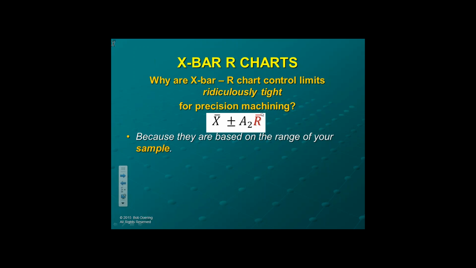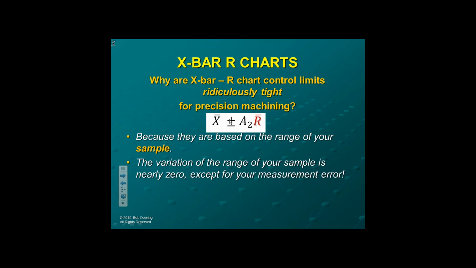So that means that the range of your sample is going to be virtually 0. That being the case, all you're going to have is the average and very little calculation for that variation. So you're going to have extremely tight control limits about your average.